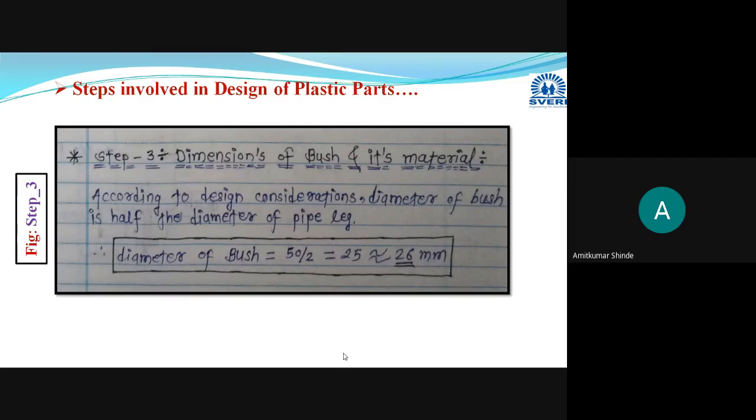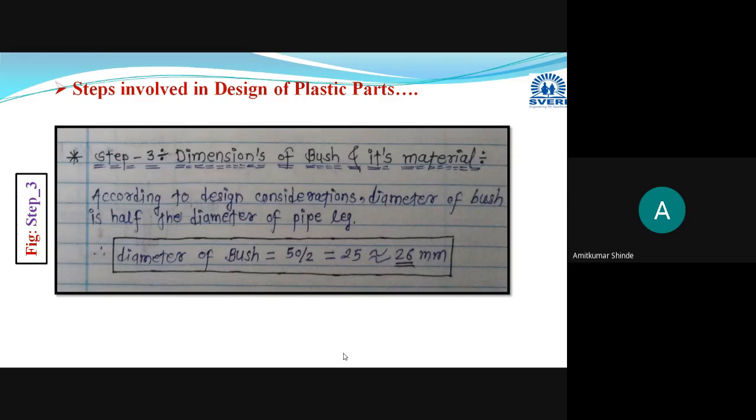Material required means the material from which we are going to manufacture that bush. To decide the material, you have to decide the stress acting on it, and depending on the required stress, you have to decide the material.